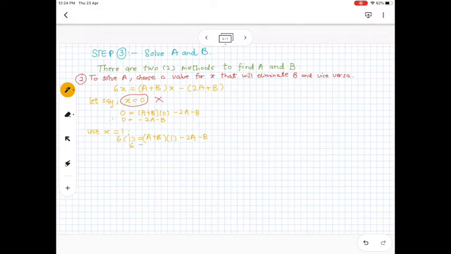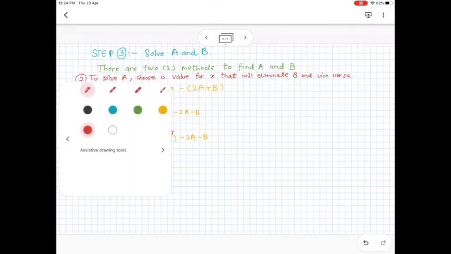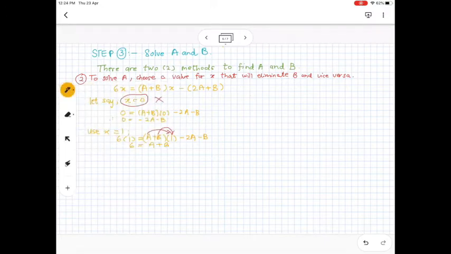So you finish up the algebra. Here you need strong algebra skill. So a times 1 is a, b times 1 is b, minus 2a minus b, and if you rearrange this, you will find b minus b plus a minus 2a.